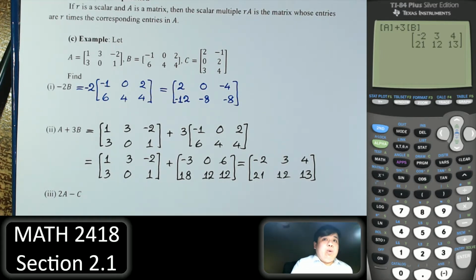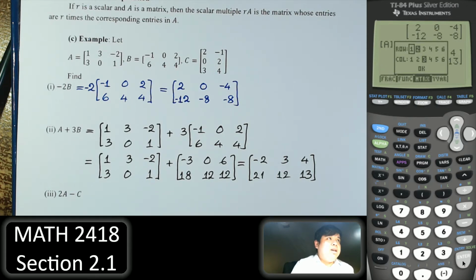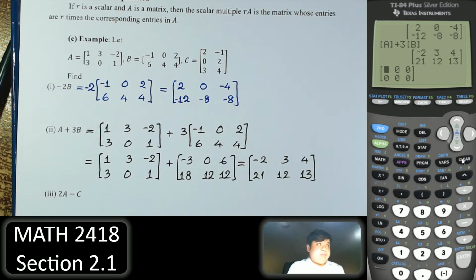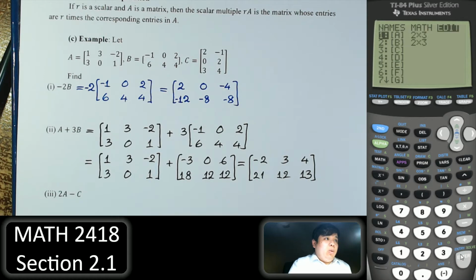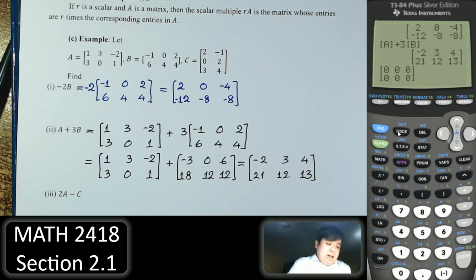The difference between entering in the matrix editor and entering everything on the home screen is that when we enter the matrix here, we use the arrow to navigate the cells. We don't hit enter in between. In this mode, we hit enter to jump between the entries. Right, that's all.